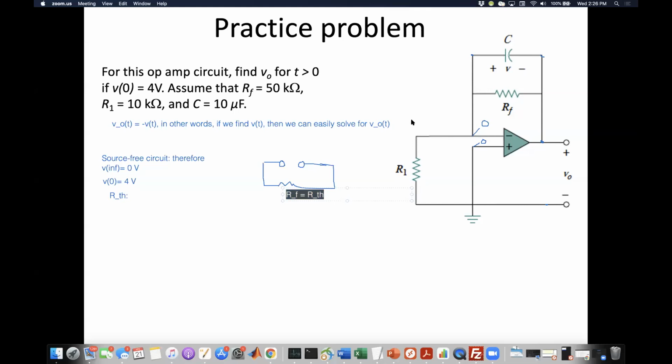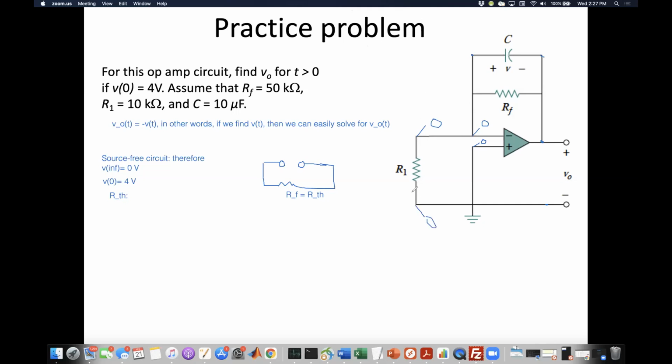Go ahead, Omar. Could you go over again why we are only using RF and not anything else for RTH? Yeah, it's a really good question. It's one of the things that when I first taught this course, I had to sit with for a while and figure out why. The best thing to notice is that this here is grounded, and this here is also grounded.